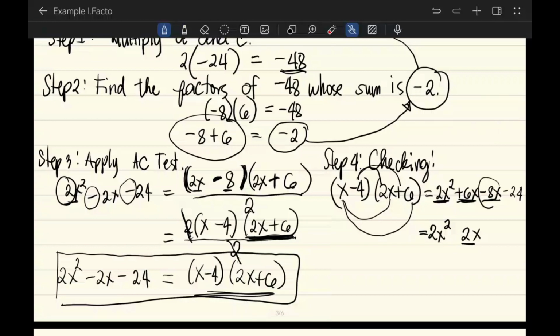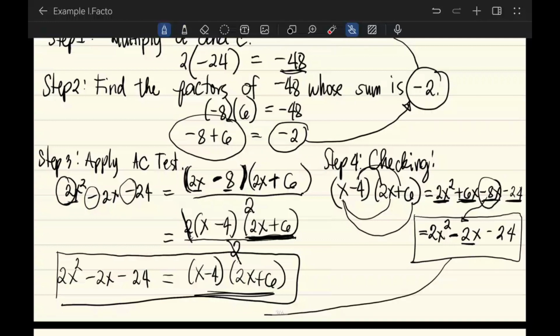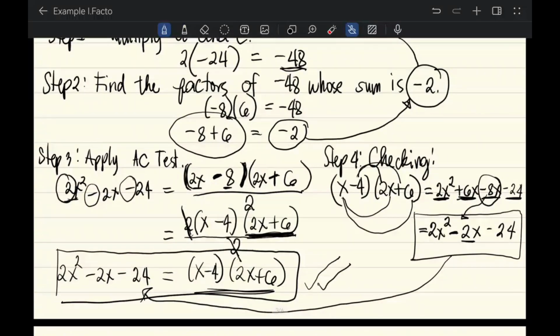Since 8 is the higher value, its sign is negative, so 2x is negative also. And copy negative 24. Now, as you can see, our final answer is the same as the given, 2x squared minus 2x minus 24. So, therefore, our answer is correct.